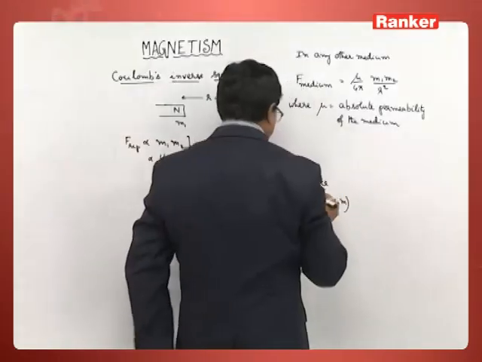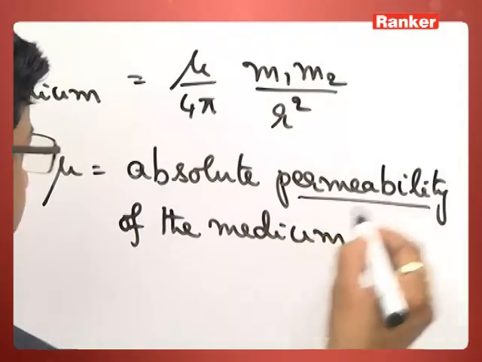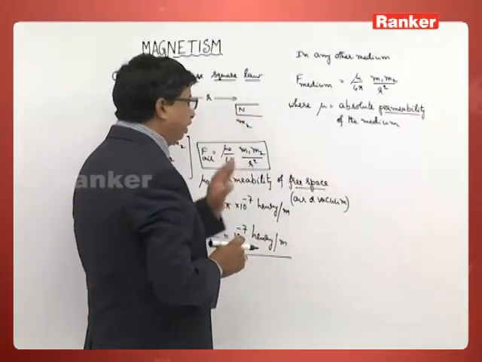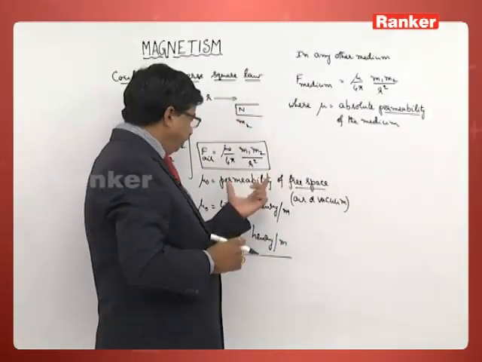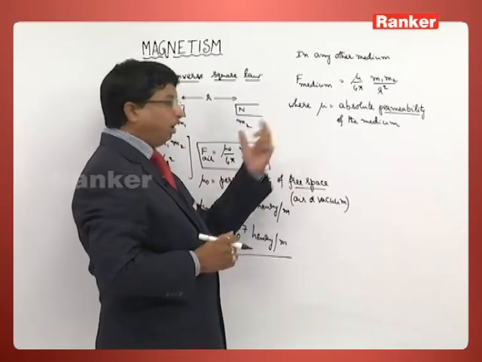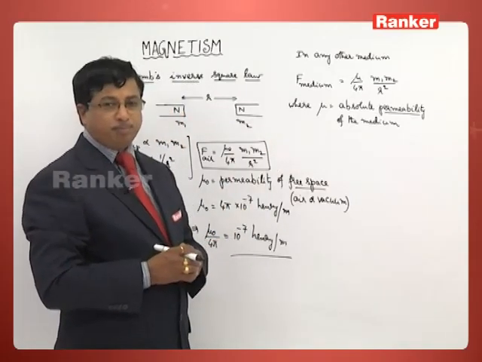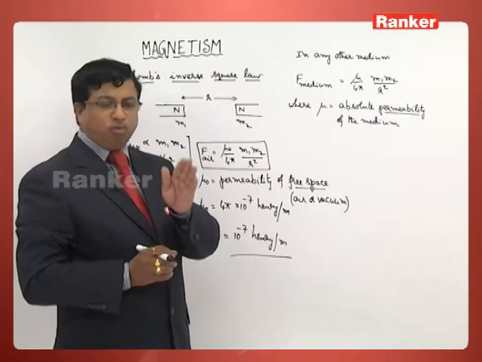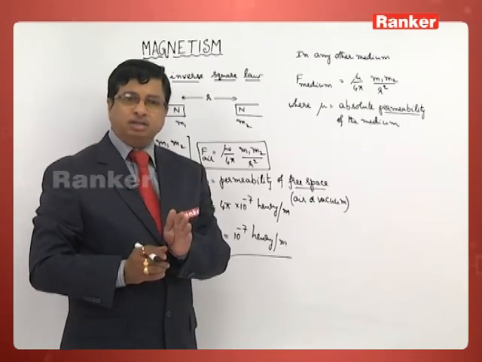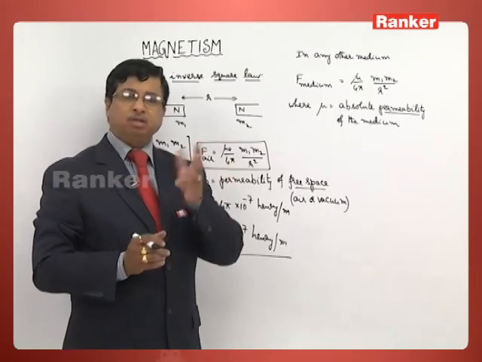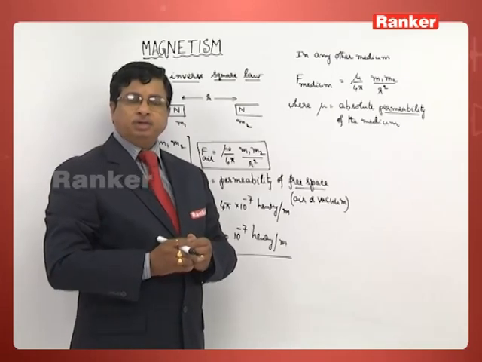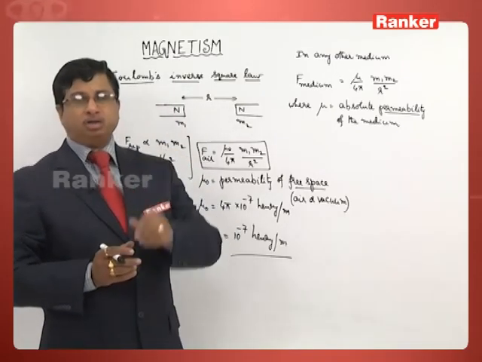First and foremost you can even understand the phrase permeability, whether it is in the case of free space or of any other material medium. In one sense we can say it is permitting ability. The ability to permit what?